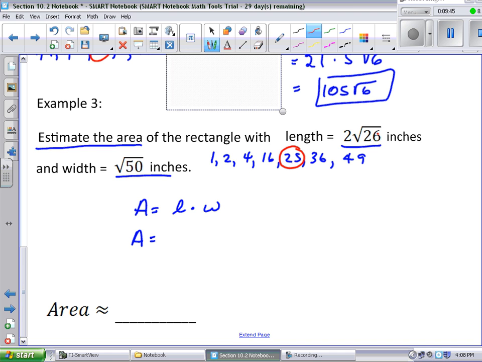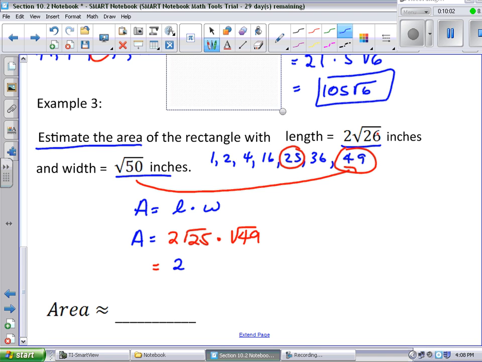I'm going to write this down as 2 square roots of 25 times, and the closest perfect square to 50 is 49, so I'm going to use the square root of 49 instead of the square root of 50. And then I will have 2 times the square root of 25, which is 5, times the square root of 49, which is 7. 2 times 5 is 10, times 7 would be 70 inches squared.